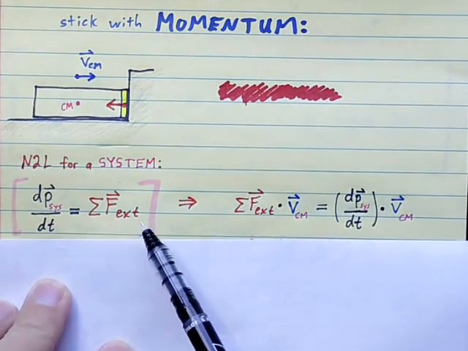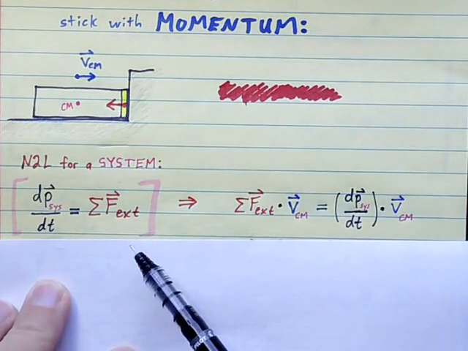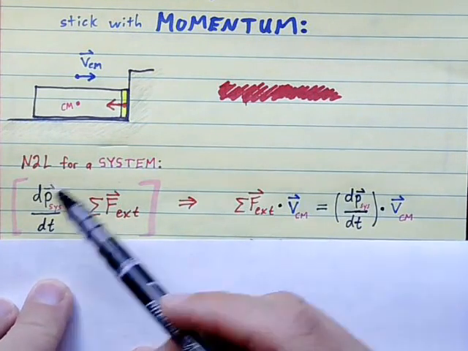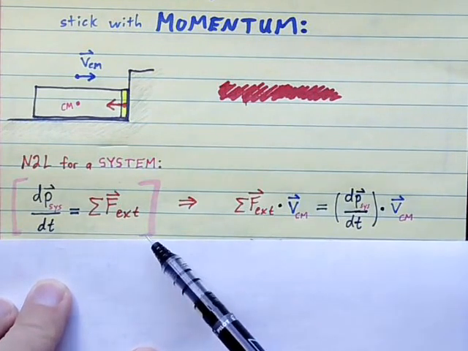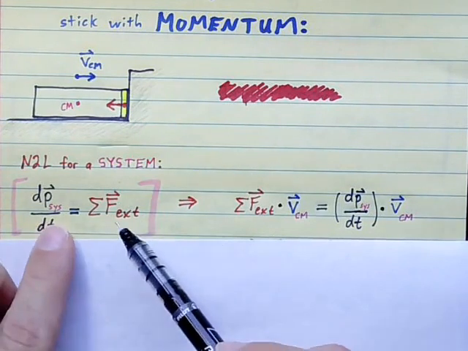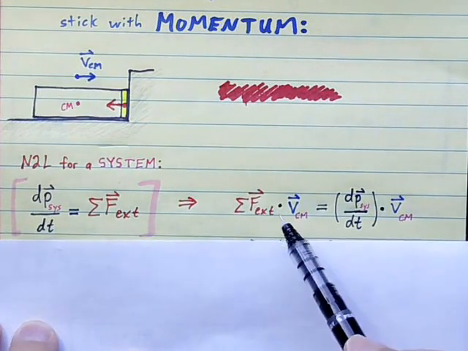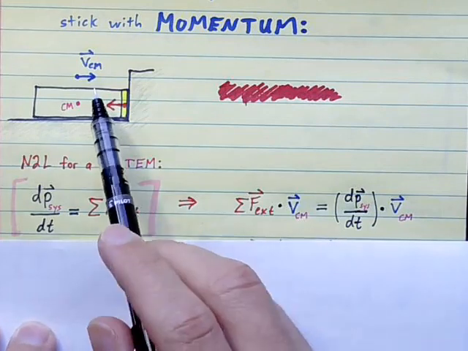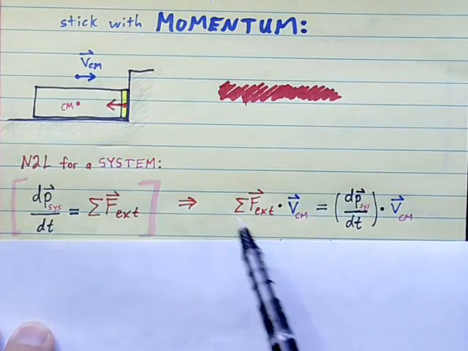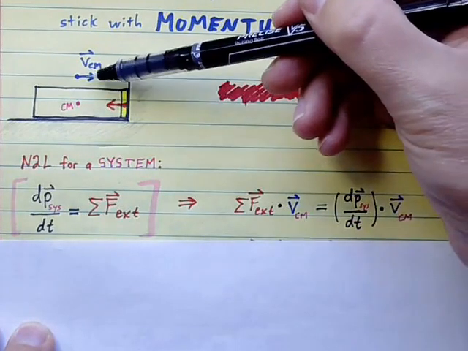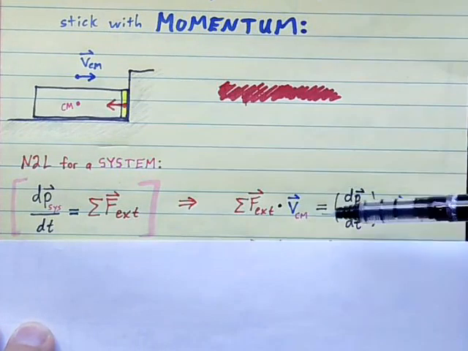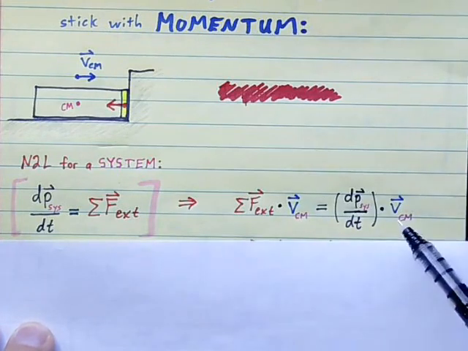So I'm going to take this equation and rearrange it a bit. This is all about momentum conservation here. I'm going to flip the sides and then take the net external force and dot it with the instantaneous velocity of the center of mass. I'm dotting these two vectors together and then dotting both sides of that equation by the velocity of the center of mass.